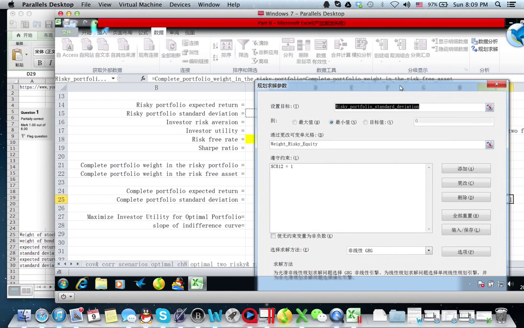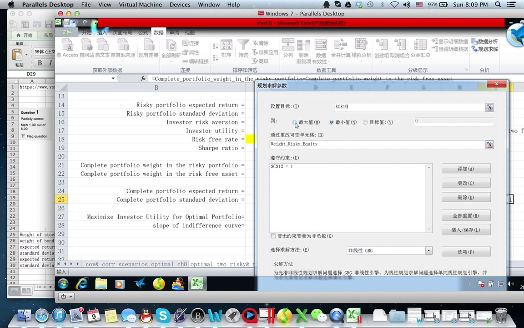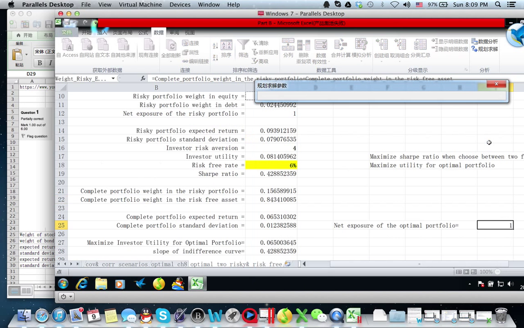So still we want to maximize the Sharpe ratio. So we find Sharpe ratio and then maximize. And what I want to change is the complete portfolio weight in the risky portfolio.